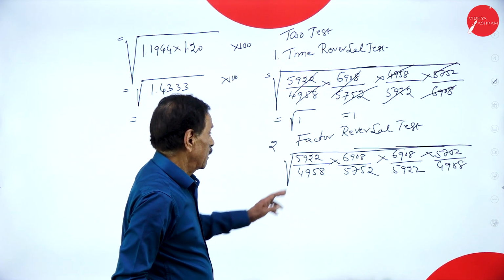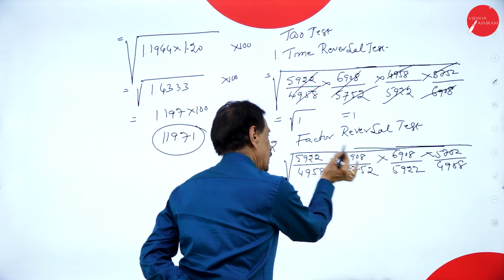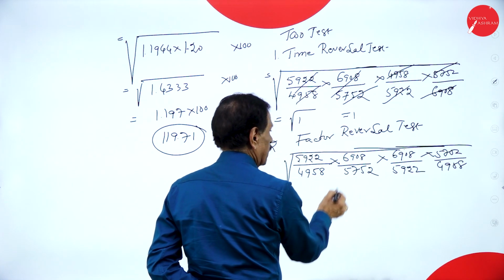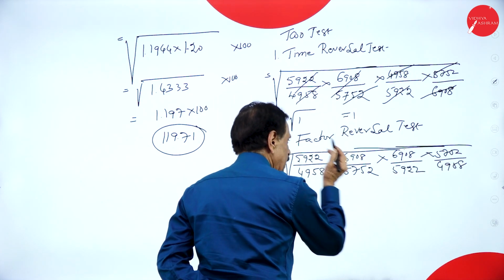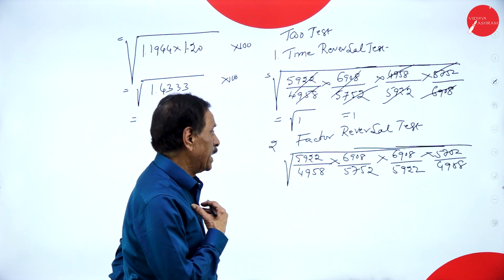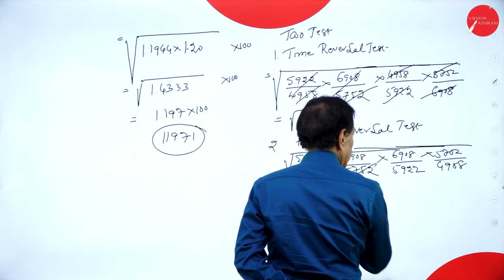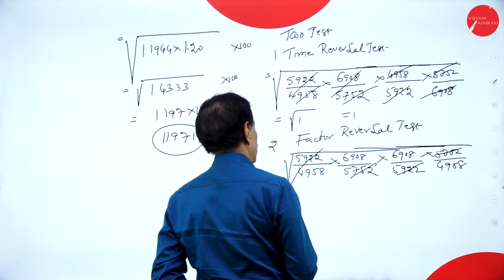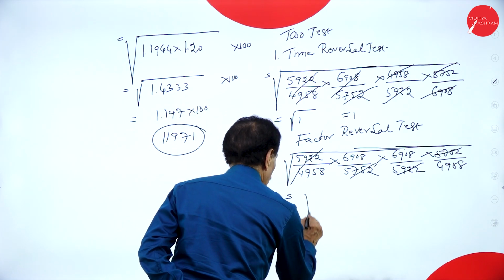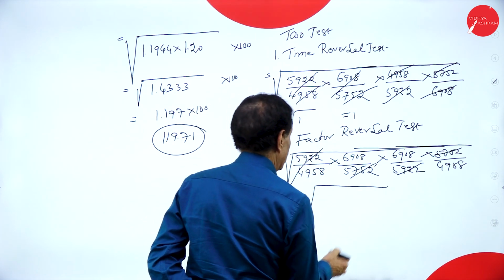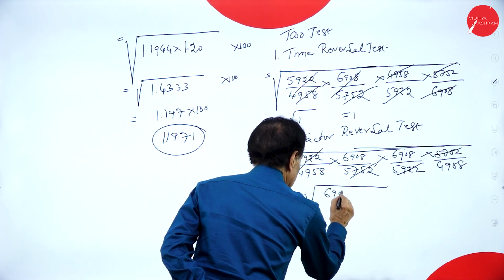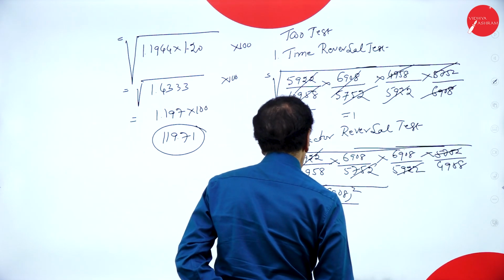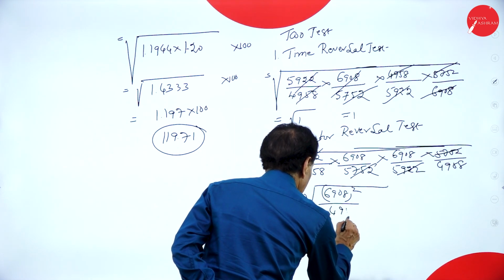How to write: 6908 divided by 5922, 5752 divided by 4958, which will be cancelled now. 5752, 5752, then 5922, 5922. What is left over? Root of 6908 square divided by 4958 square.